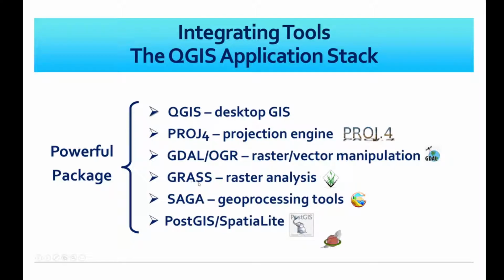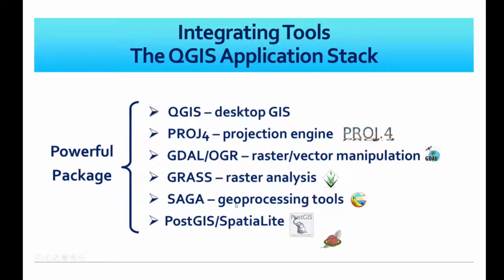I mentioned GRASS earlier. It's another desktop GIS. QGIS has the GRASS tools built into it, so you can use the GRASS processing algorithms in the toolbox without having to learn or install GRASS separately. Same with SAGA. It's another open source desktop software, and its processing tools are also built into QGIS.